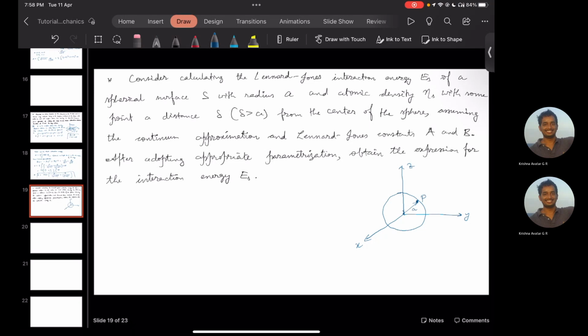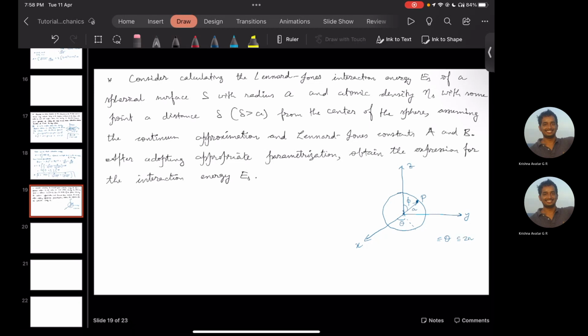Let's set up our coordinate parameterization such that we consider a point P, and the position vector of point P makes an angle of phi with respect to the z axis, and then the projection on the xy plane makes an angle of theta, such that theta goes from 0 to 2 pi.